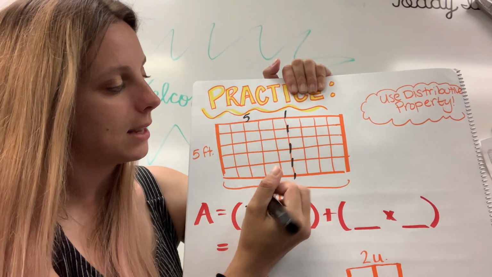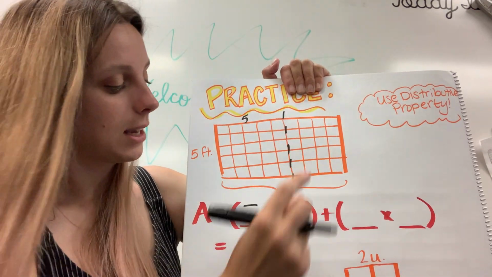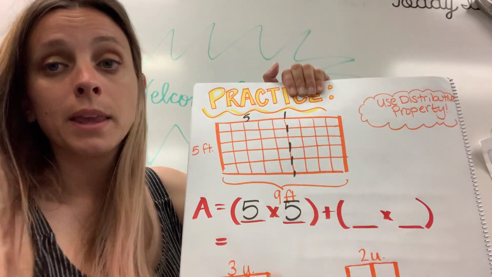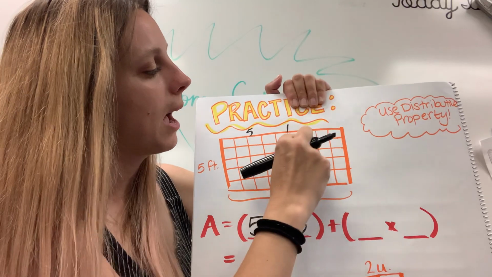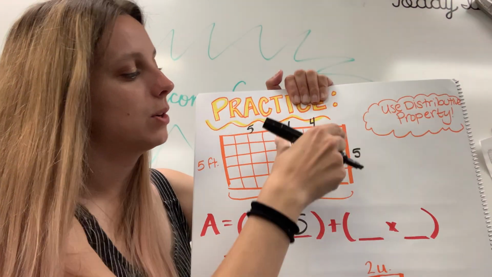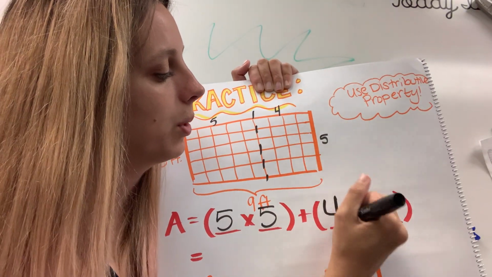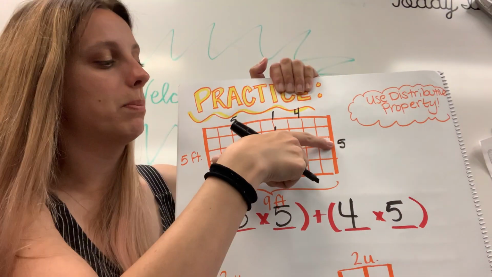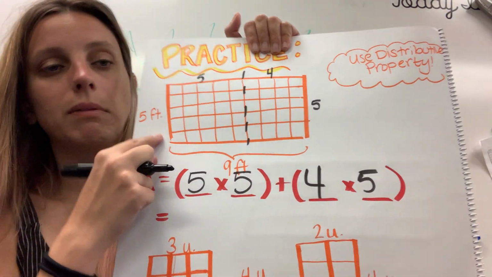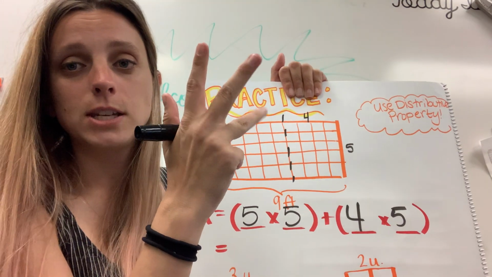So I'm going to go ahead and write that in. To find the area of this square, this section of the rectangle, I multiply my length and my width, 5 by 5. This one is going to have a side length of 4 and a side length of 5. So to find this section of my rectangle, I'm going to multiply 4 times 5. And we're going to see that when we put them back together, we find the area of the total shape, right? So if I had to do 5 times 5, 5, 10, 15, 20, 25.